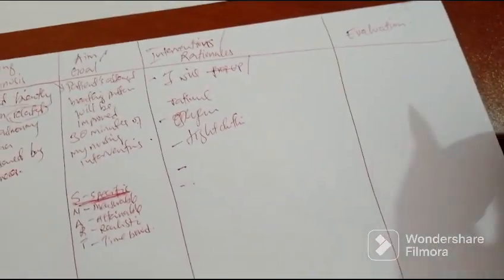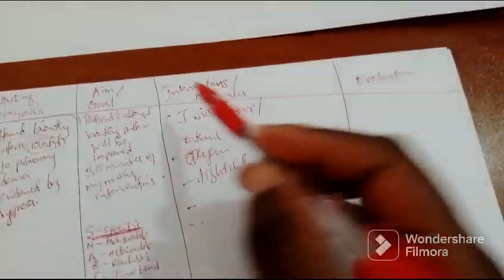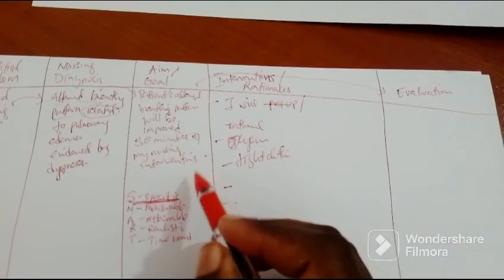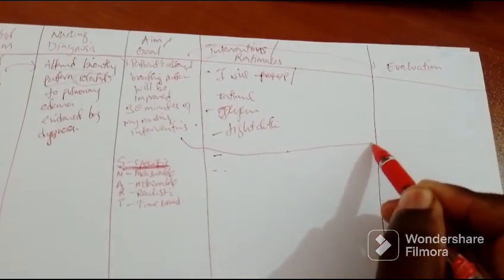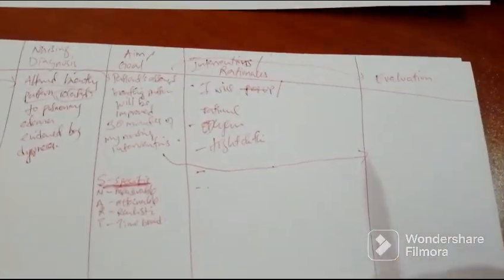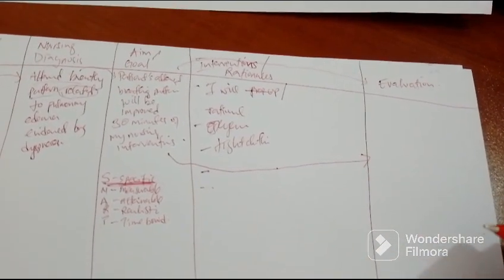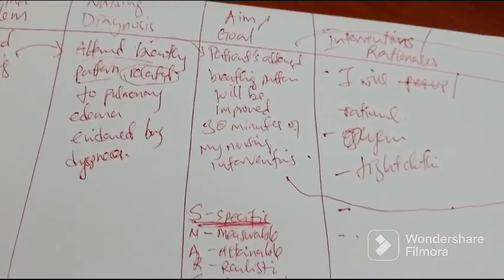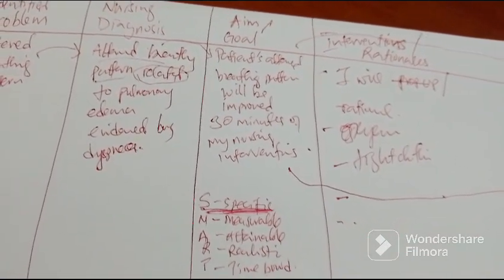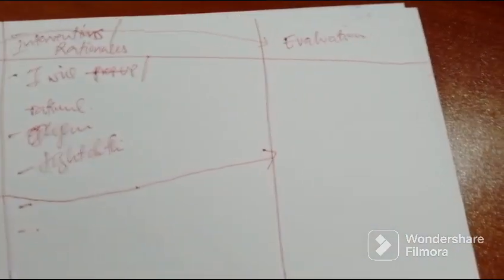Then our evaluation. Okay, how do we write our evaluation? What you wrote on your goal, you just need to transfer to your evaluation, and then you just change the English to past tense. So here we wrote that patient's altered breathing pattern will be improved within 30 minutes of my nursing intervention. So here we're going to write evaluation.